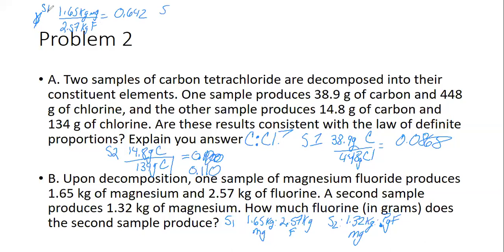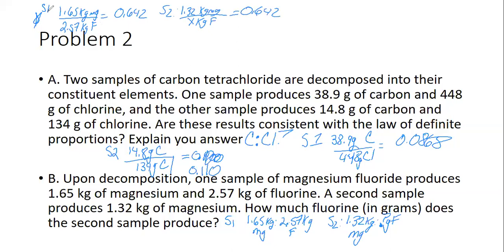Sample 2. All right, so I know in sample 2, I got 1.32 kilograms of magnesium. I don't know how much fluorine I have, so that's an X. But I do know that for magnesium fluoride, when I divide the two, I get 0.642 from sample 1, right?